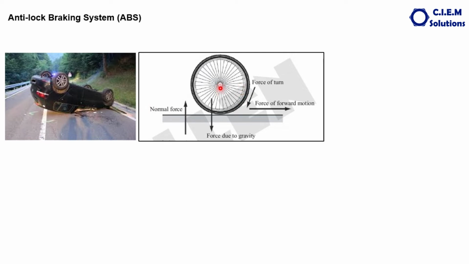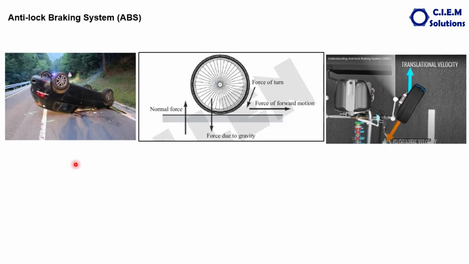This is the wheel axis. The wheel is rotating on its own axis in this direction, that is the anticlockwise direction. The velocity generated due to this rotation is called the rotational velocity of the wheel. Whereas the velocity which has come due to the movement of the vehicle in the opposite direction is called the translational velocity. So both the rotational velocity and the translational velocity are opposite to each other.